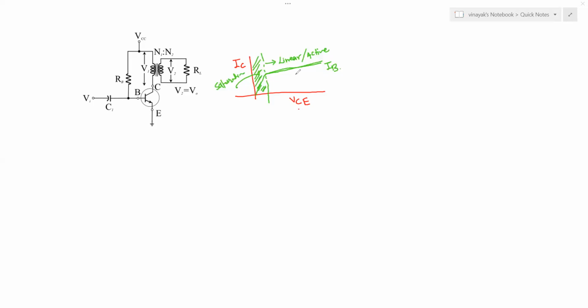So we want to make sure that the transistor operates in the linear region or active region, and it provides a constant collector current.